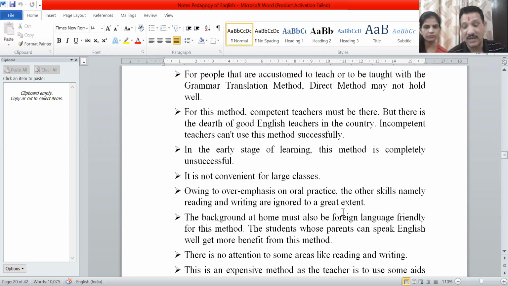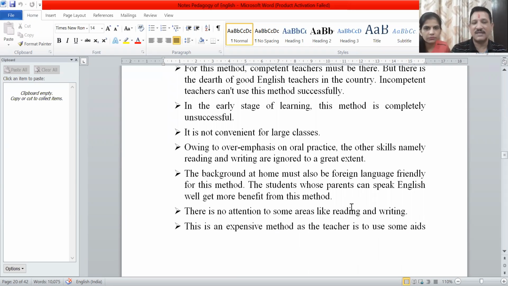If a student does not have any knowledge of the English language, it will become very difficult for him or her to understand what the teacher is going to teach. Next, it is not convenient for large classes.